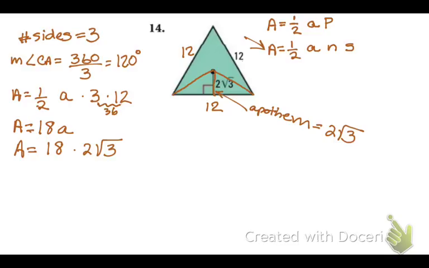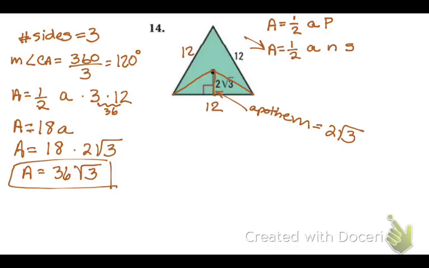So 18 times 2 is 36, right? 36 times root 3. And we're done. There's our area. And if you want to, you can calculate what the square root of 3 is and multiply it by 36.